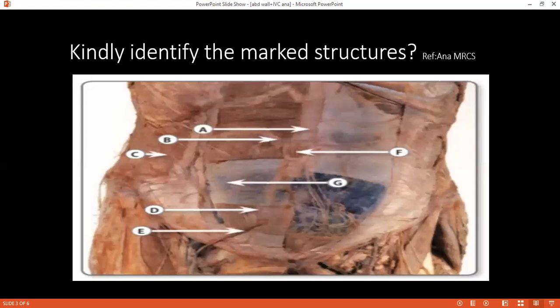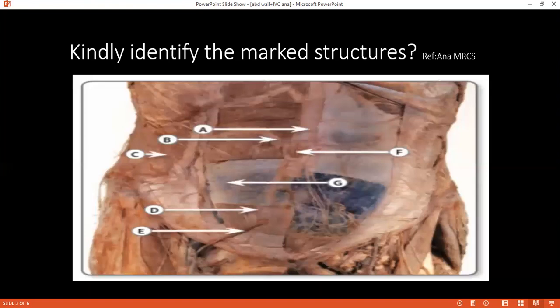The external oblique muscle is directed anteriorly and inferiorly at the level of the umbilicus, and the internal oblique muscle runs perpendicular to it, directed superiorly and medially, and the transverse abdominis muscle is directed transversely.